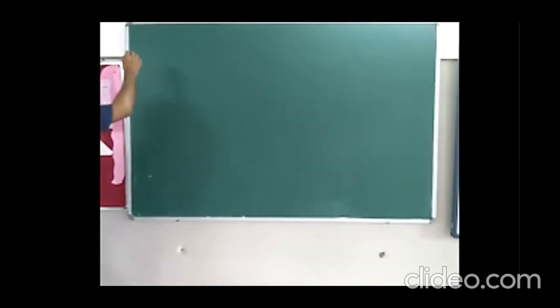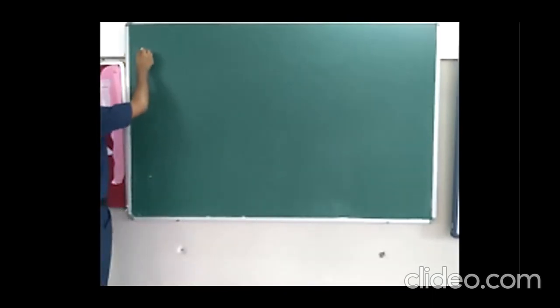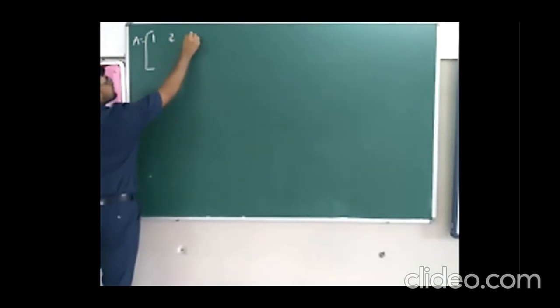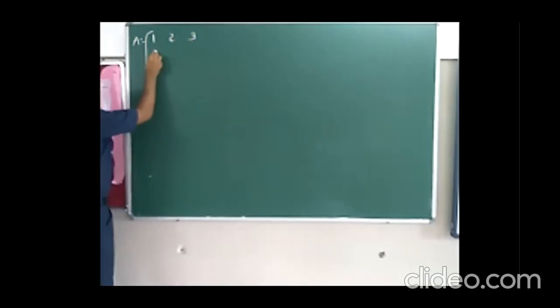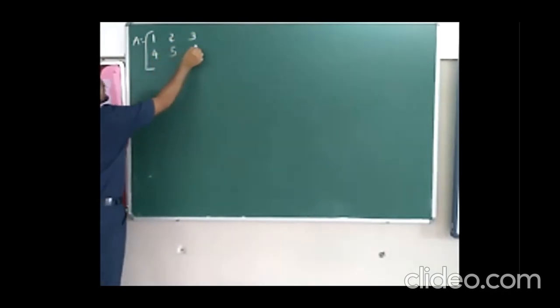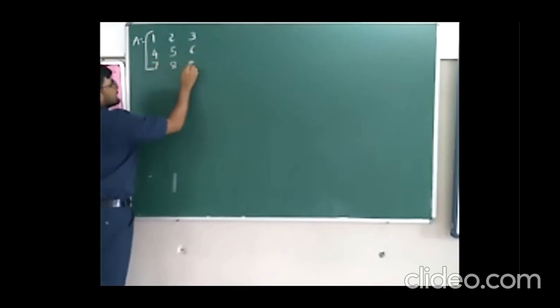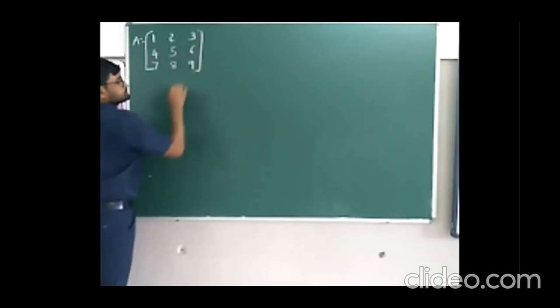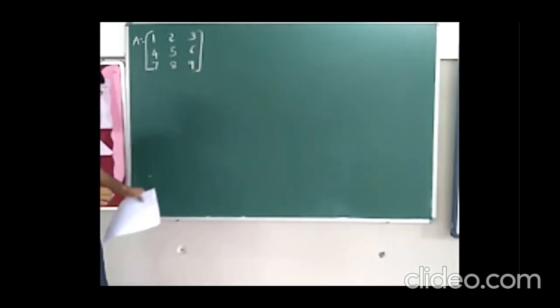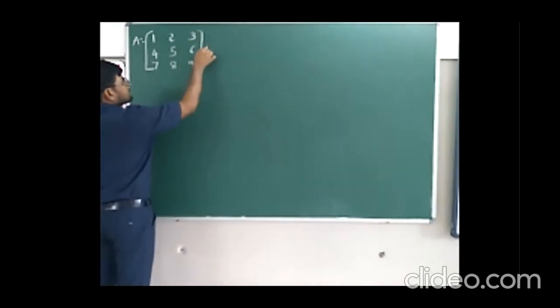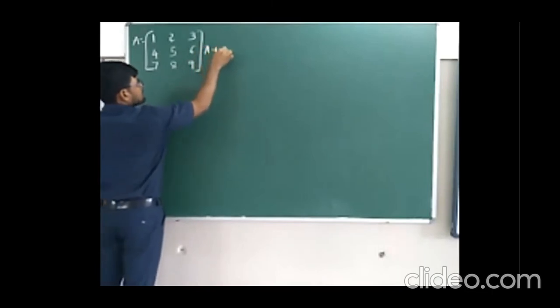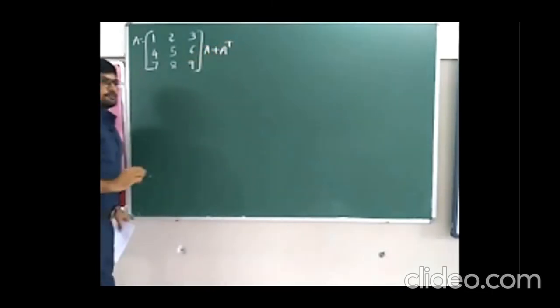In the first question, we are given matrix A, that is 1, 2, 3, 4, 5, 6, 7, 8, and 9. Here we have to find A plus A transpose.